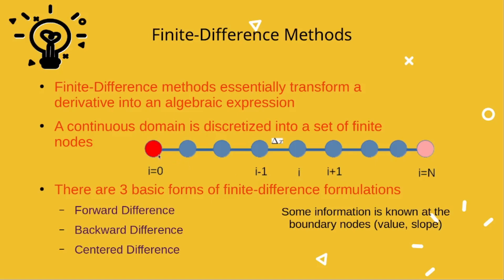Remember that the red here denotes that we know some information about node 0. Either we know the value of y, or we know the slope of y at this point. And the same thing when it comes to node n. We know either the value at this location, or we know the slope.